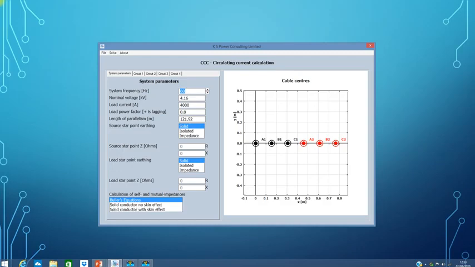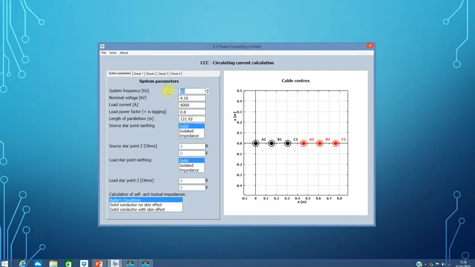This program is written in Silverfrost Fortran 95, and it uses the Silverfrost Clearwin Plus graphics library. And the program can be used to examine the current division between up to 4 parallel 3-phase single core cable circuits.